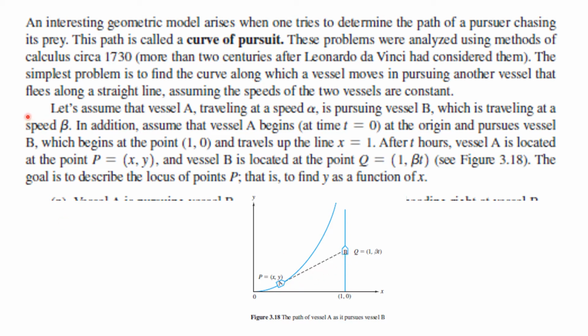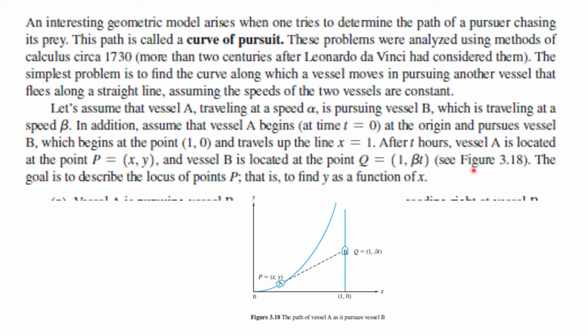Okay, so here we go. Let's assume that vessel A, traveling at speed alpha, is pursuing vessel B, traveling at speed beta. In addition, assume that vessel A begins at time 0 at the origin. So you see, vessel A starts here at time t equals 0 and pursues vessel B, which begins at this point, (1, 0), and travels up the line x equals 1.